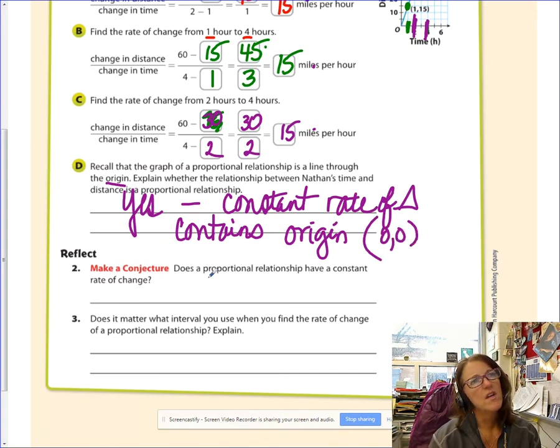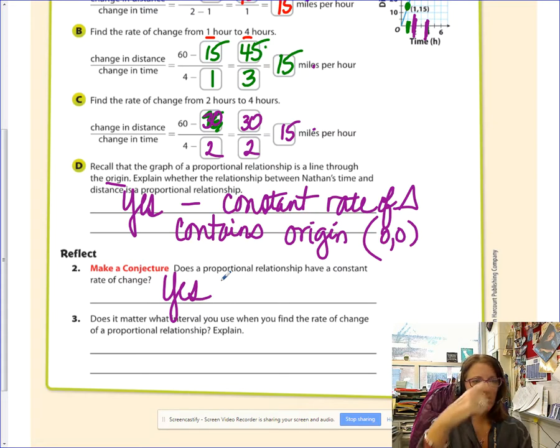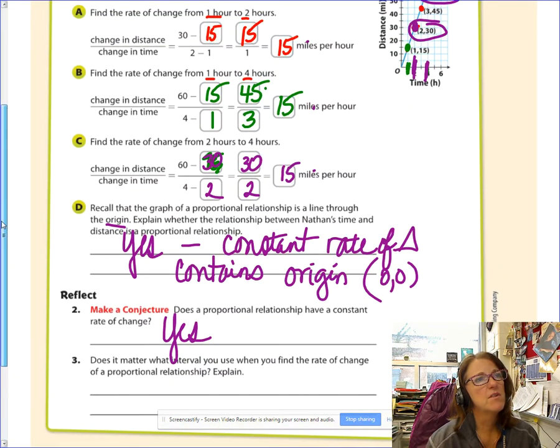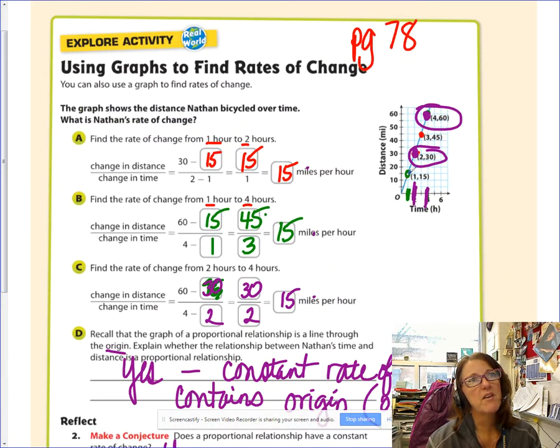Okay, so does a proportional relationship always have a constant rate of change? It does, because it's a straight line, which means no matter which interval you choose, it's going at that same slant or that same rate. Does it matter what intervals you use? If it's proportional, did it matter if we took the first two, the last two, somewhere in the middle?